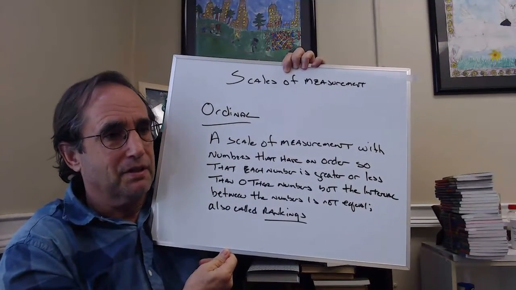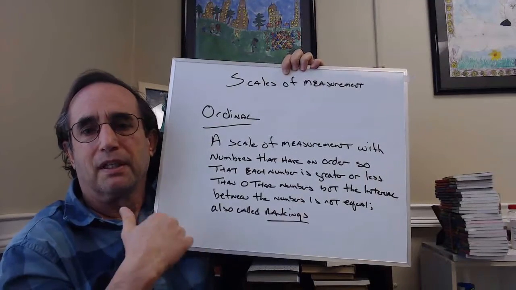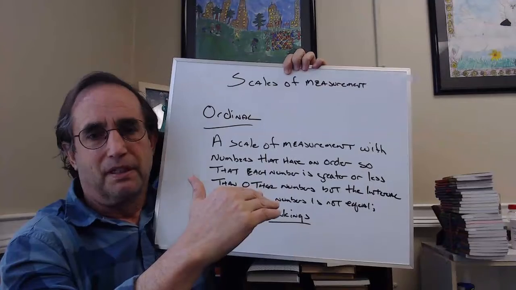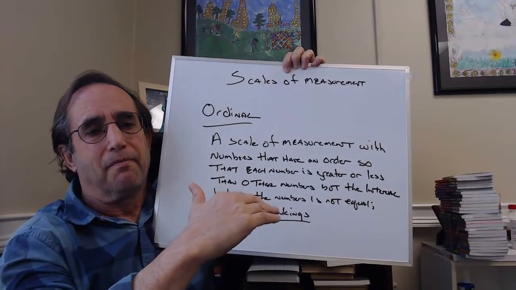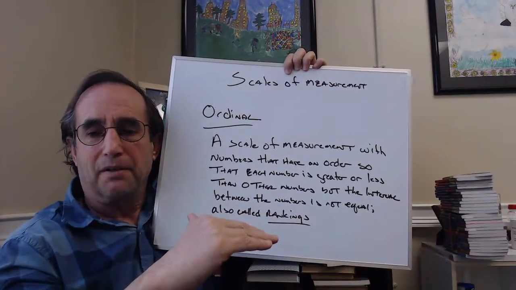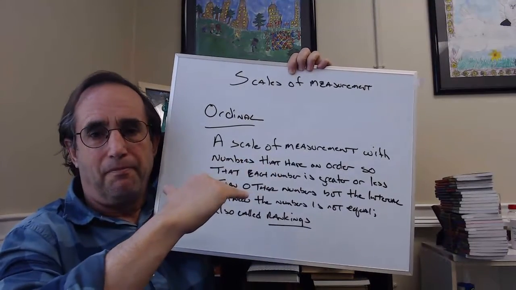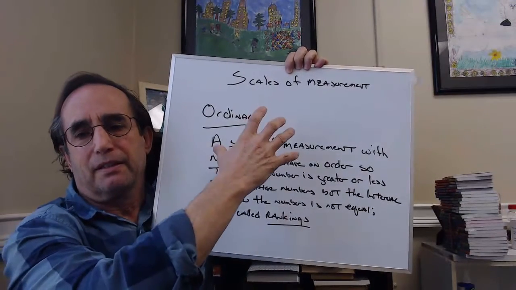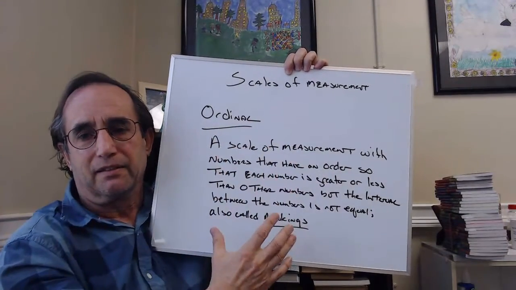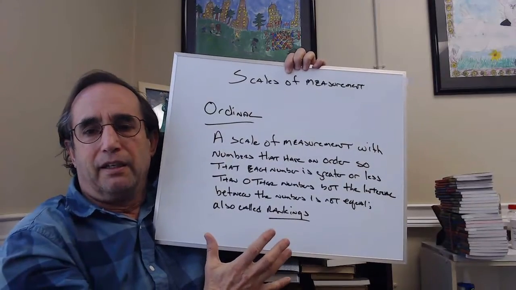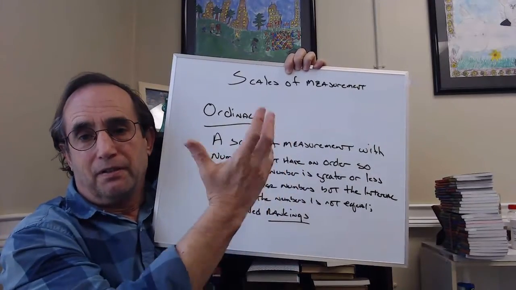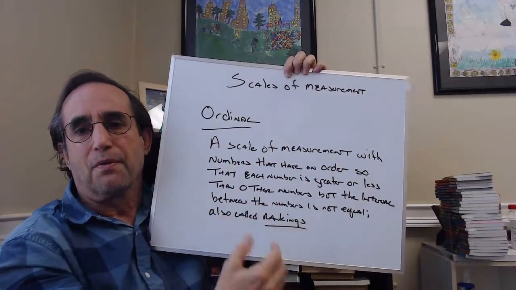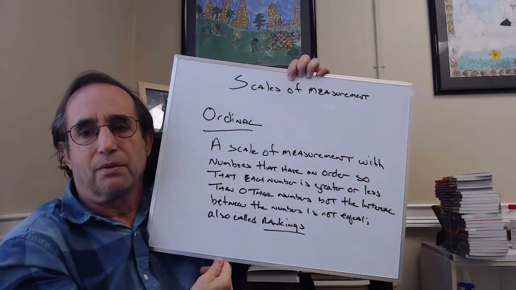We can also use that in terms of where people stand in terms of their opinion about something in relation to what science says about something. The rankings in terms of fall football season: the team finished first, second, third, fourth within their division. All those things are ordinal data.